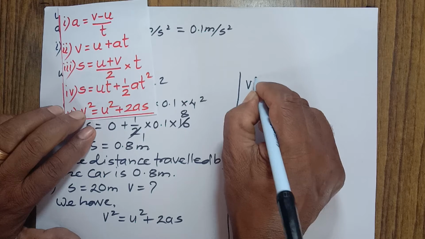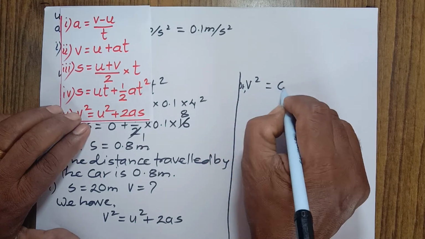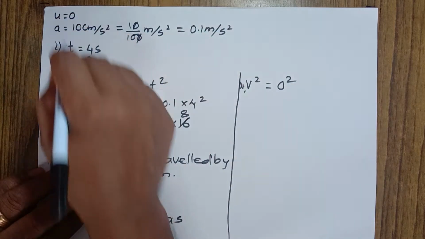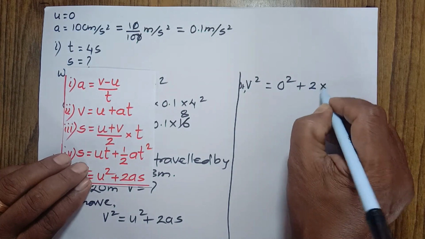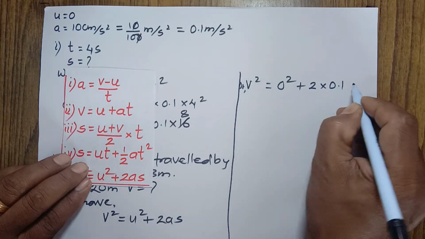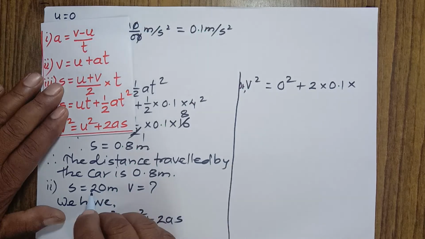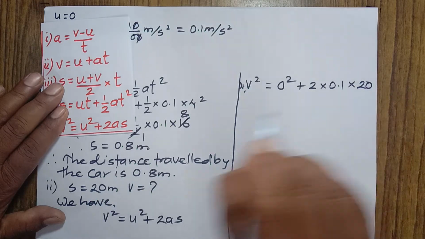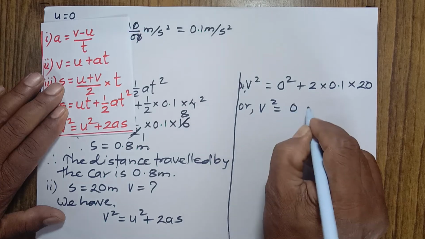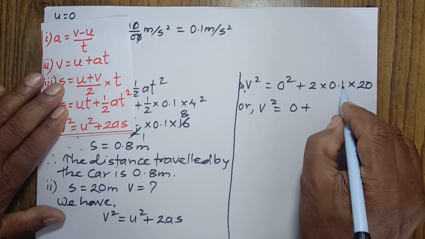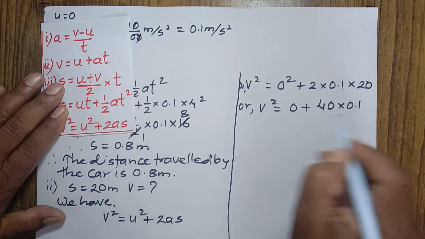Now v square is equal to u square, means 0 square, u is given 0, plus 2 into acceleration is 0.1 into, now distance covered, how much is the distance? 20, or v square is equal to 0 plus, now 20 into 2, 40, 40 into 0.1.